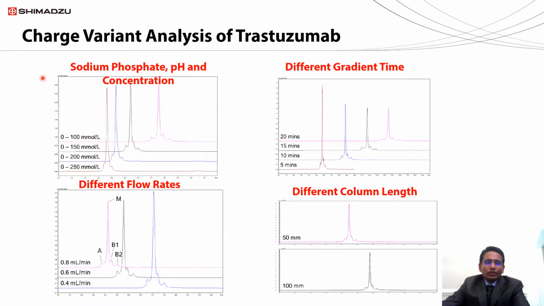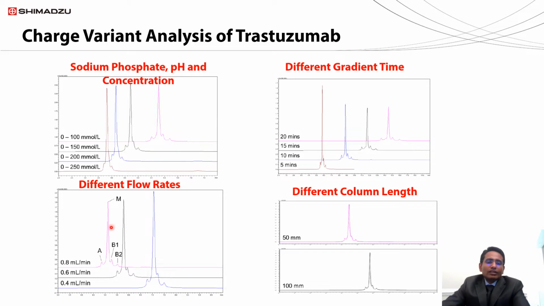First, I am going to show charge variant analysis of Trastuzumab, which is one of the therapeutic mAbs. Here we use four conditions. First, changing the pH, then different flow rates, different gradient times, and different column lengths. Here you can see when you use about 100 millimole per liter of sodium phosphate, it gives significantly better separations.